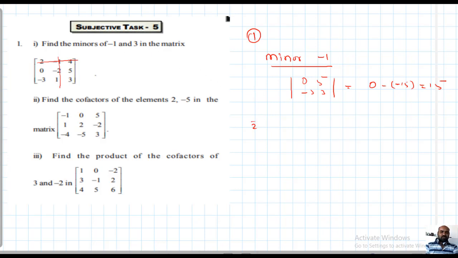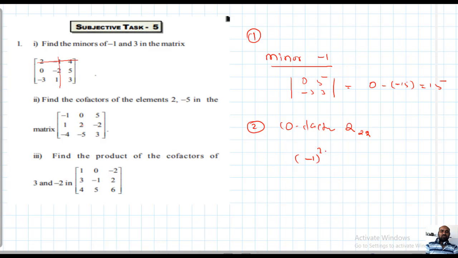That is the first problem. Find the cofactor of 2 and 5. Cofactor of 2. Which 2? There is only one 2, okay, no problem. Otherwise they will mention if one more 2 is present in the problem. Now I want to find the cofactor of 2. It is the 2 by 2 element, second row, second column element.